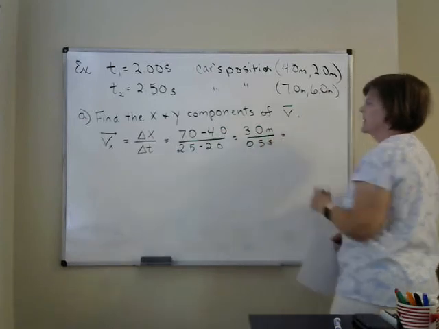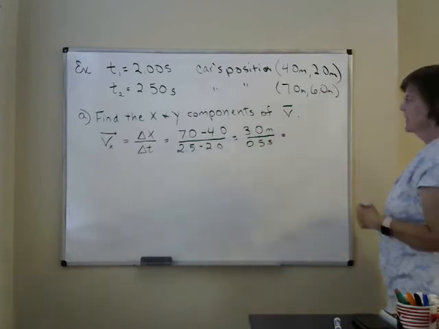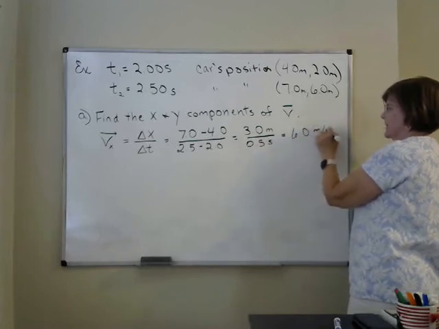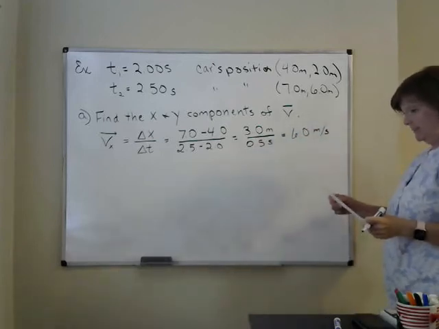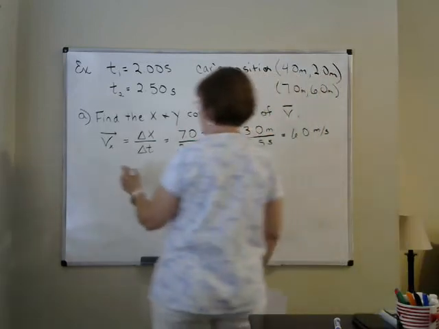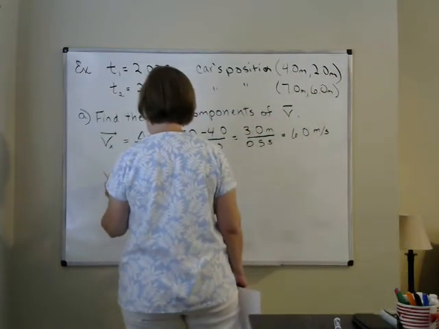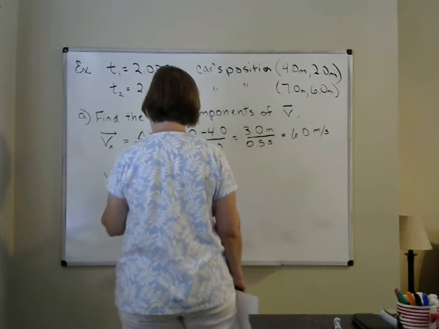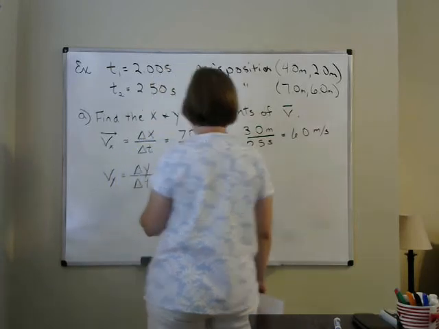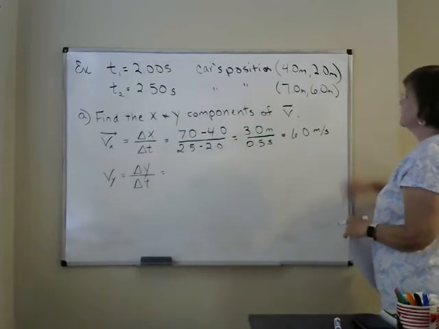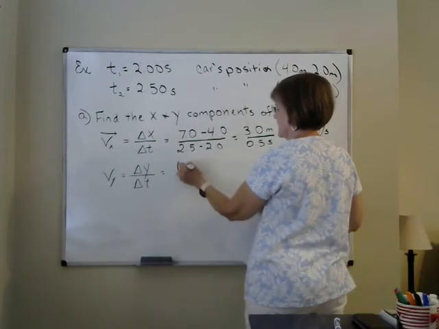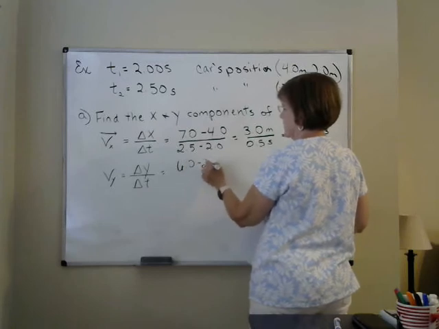And we find that in the x direction, we get an average velocity of 6 meters per second. If we look in the y direction, we want the change in y over the time. Y went from 2 to 6, so we have 6 minus 2.